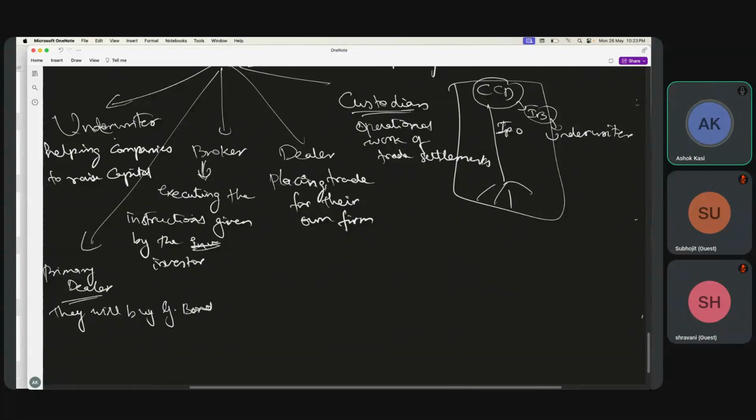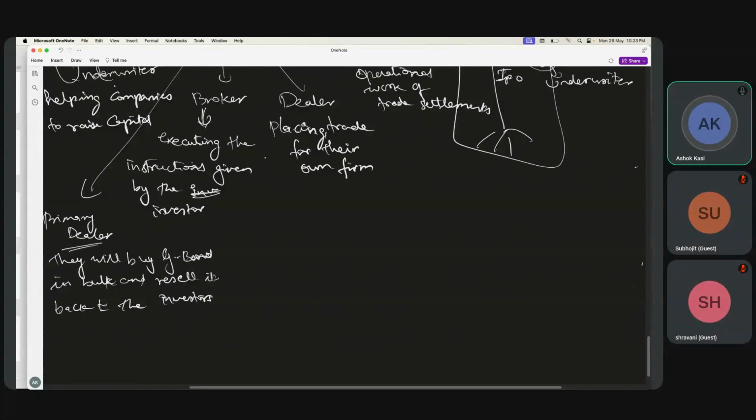Okay, it's a wholesale business, you can think like that. They will buy government bonds in bulk, that means wholesale, and resell them back to the investors.